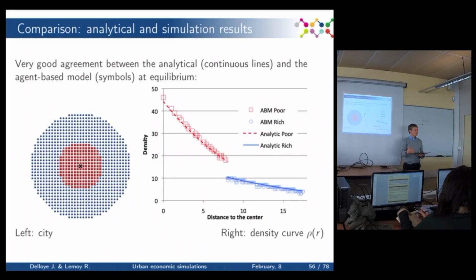They compensate the high price they pay on housing by low commutes. And so all in all, they are equally happy with the utility function we chose. People a bit further away have to commute more, but they have larger housing. So that's the trade-off. Okay?